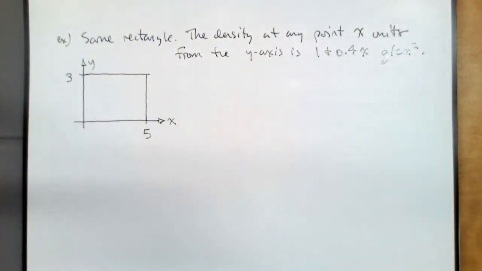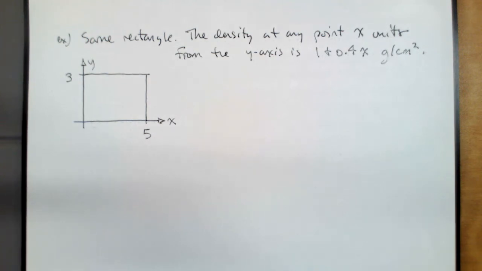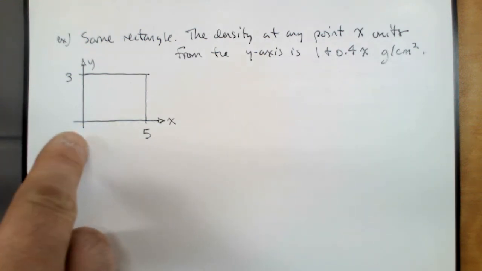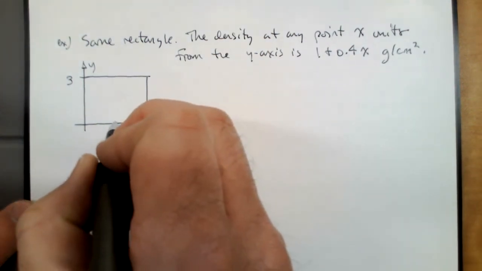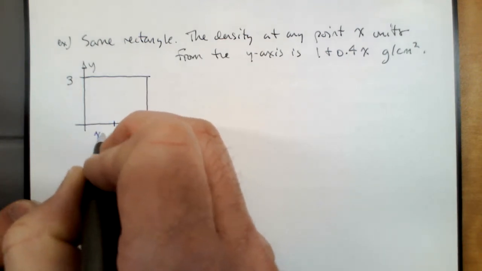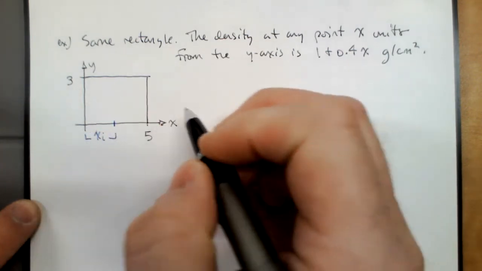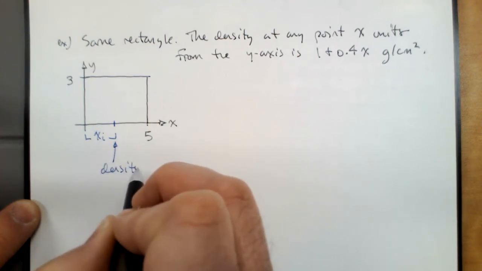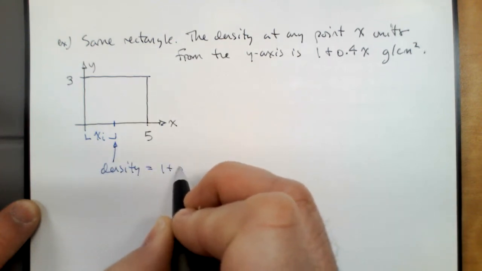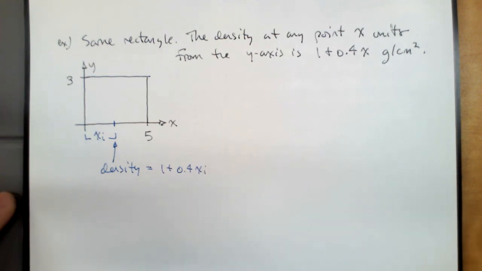But now we're going to have a variable density. The density at any point, x units from the y-axis, is 1 plus 0.4 times x. So at any point xi units from the y-axis, the density is 1 plus 0.4 xi.